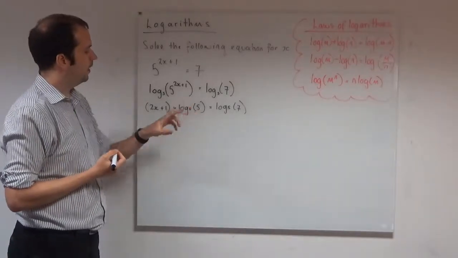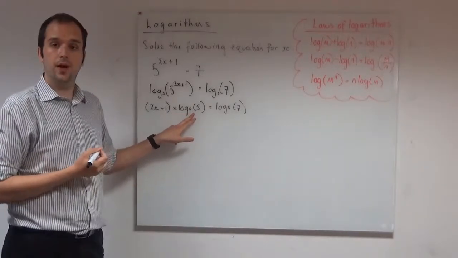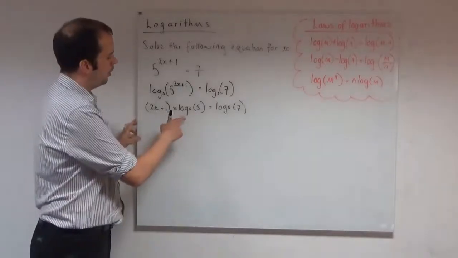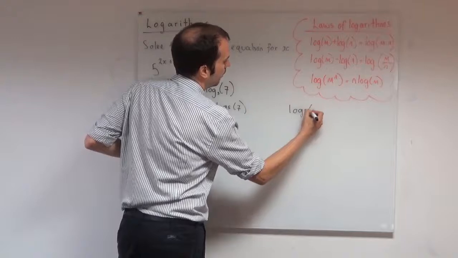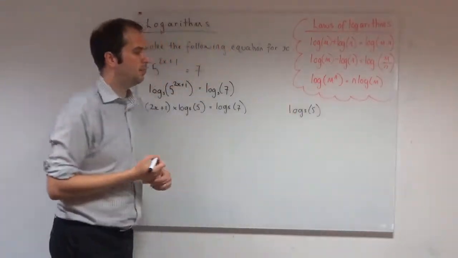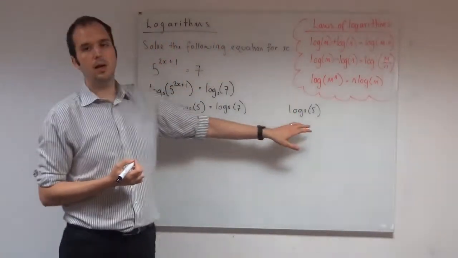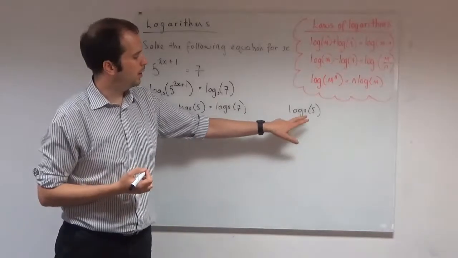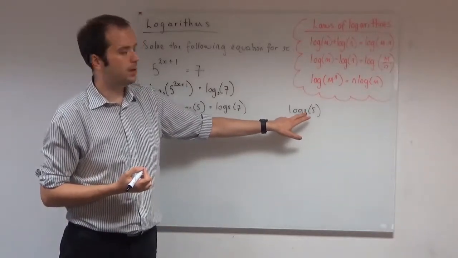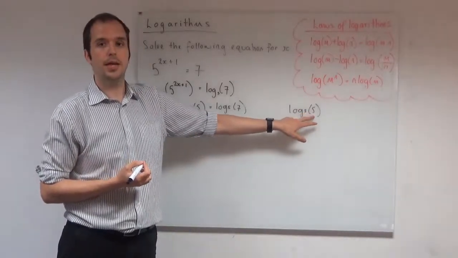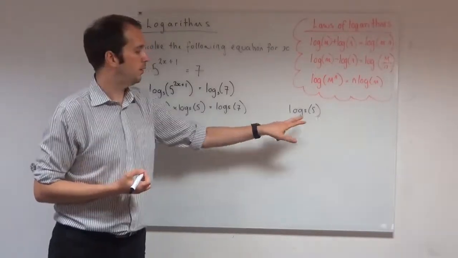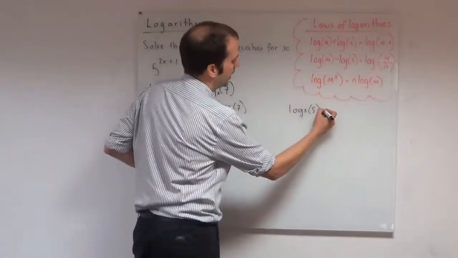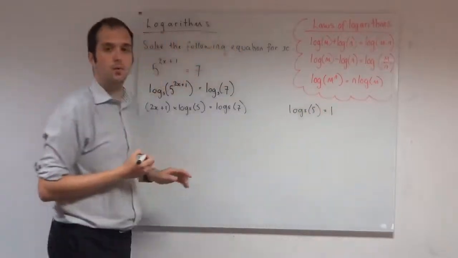Now, the reason for taking it to base 5 should become clearer. What we have here, log to the base 5 of 5, well, you should recall from a previous video, what does a log mean? What this means is, what power did I raise 5 to, to get 5? Well, that's just a power of 1. So log to the base 5 of 5 is just 1.